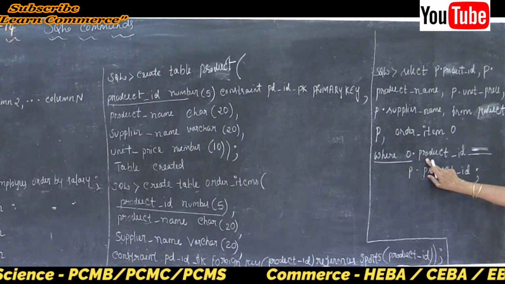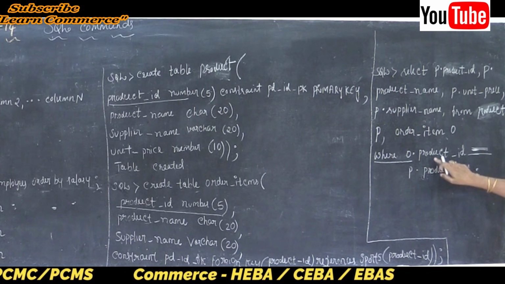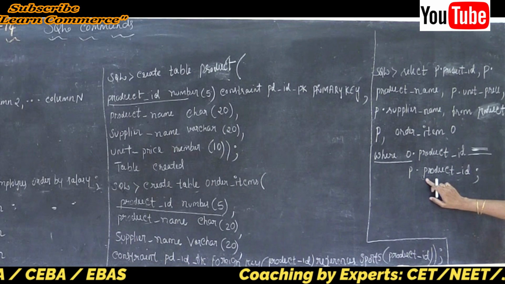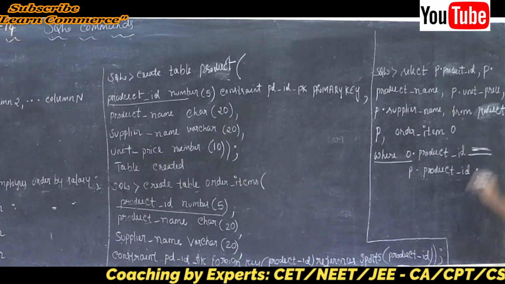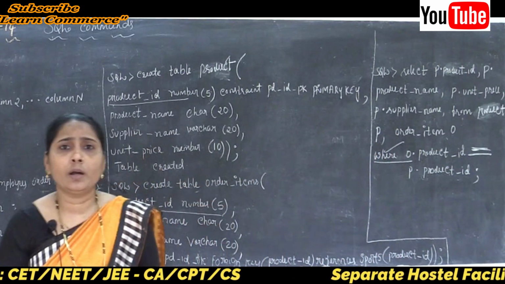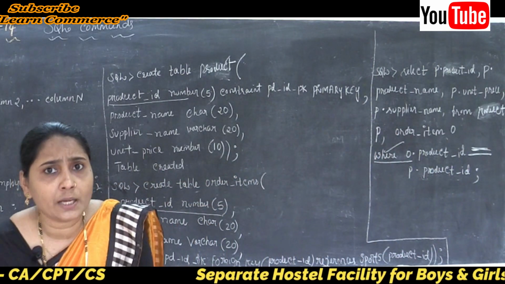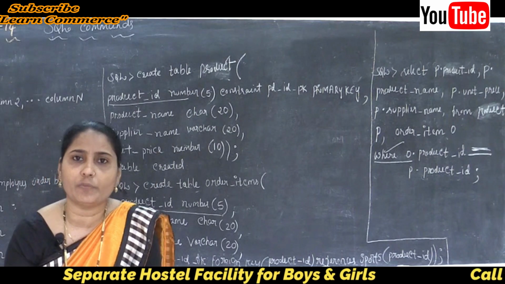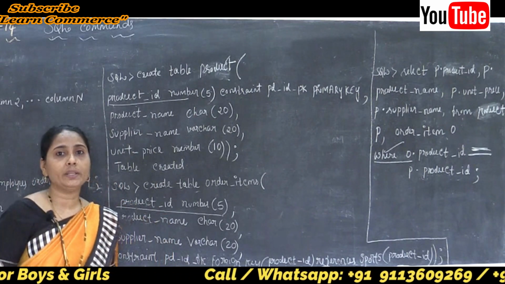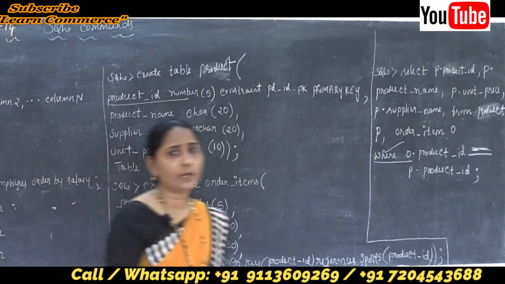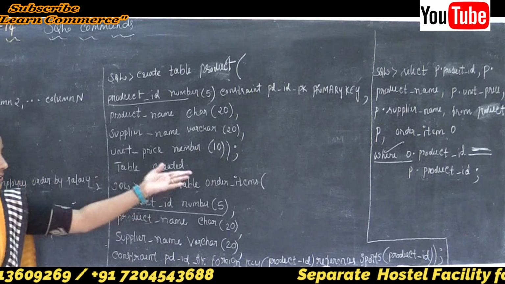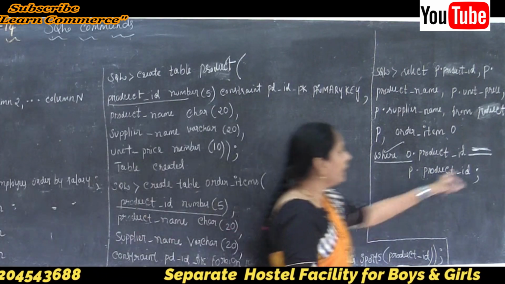The first table column is O dot product underscore ID and P dot product underscore ID. Such ones are combined by using the where clause. It is noticeable that the join is performed using the where clause, and several operators can be used to join the tables. So what operators can we use to join the tables? As one example we can use the equal sign.